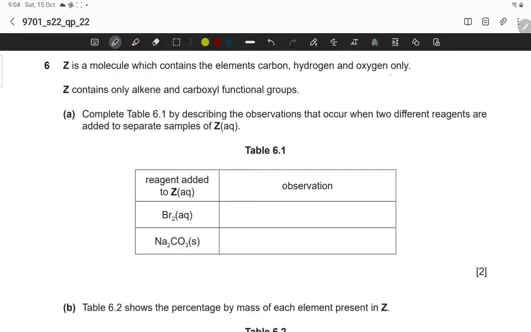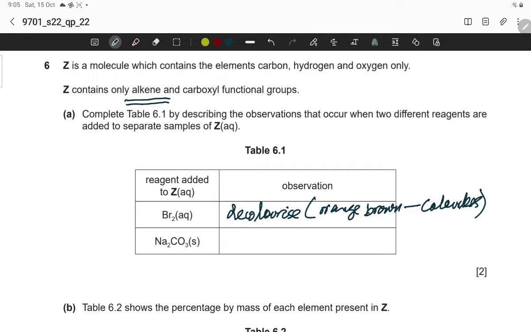The molecule contains an alkene. So this is the test of alkene: when bromine is added to alkene, it decolorizes the bromine, from orange-brown to colourless.